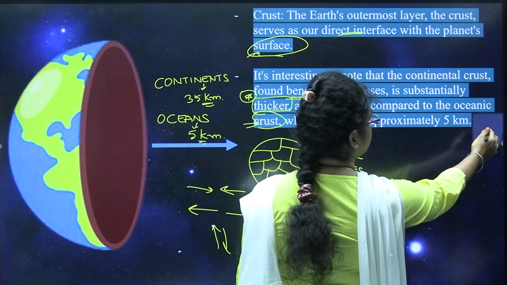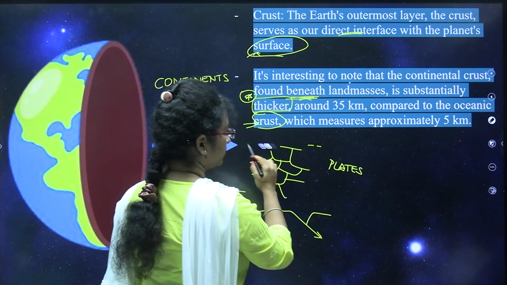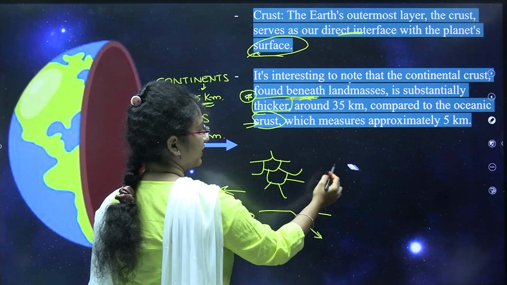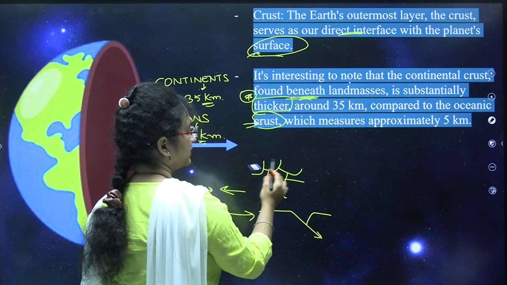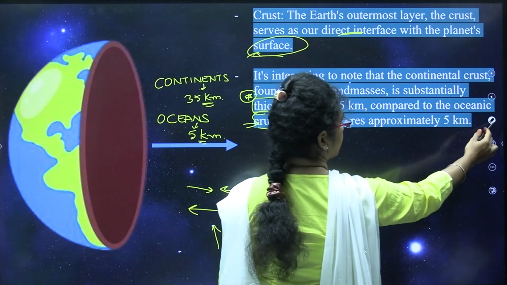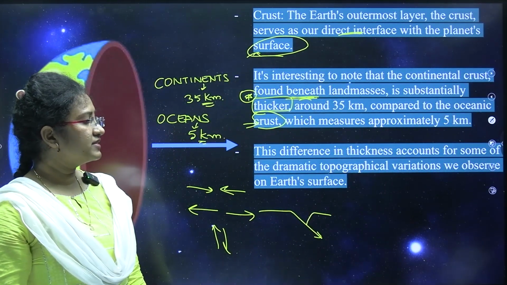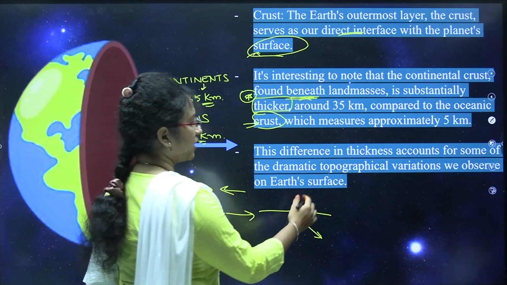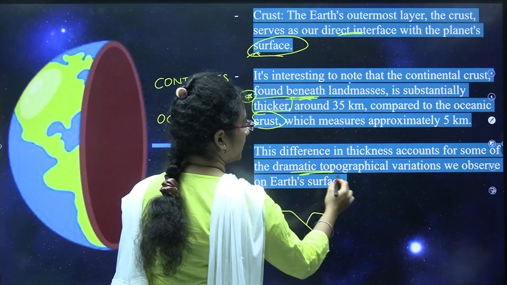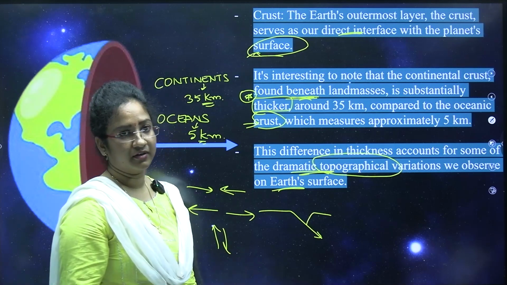So why do we have this kind of difference in the thickness and what does it lead to? Do you think there would be some effect due to this difference in the thickness of the plates? Obviously there would be some effect, right? So let's have a look at that. This difference in thickness accounts for some of the dramatic topographical variations we observe on Earth's surface.